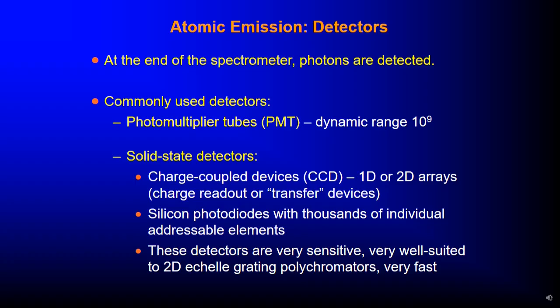Then we also have silicon photodiodes, and then we have 2D. These detectors are very sensitive, very well suited to 2D polychromators, very fast. So majorly they are just the PMT, the CCD and silicon photodiodes.